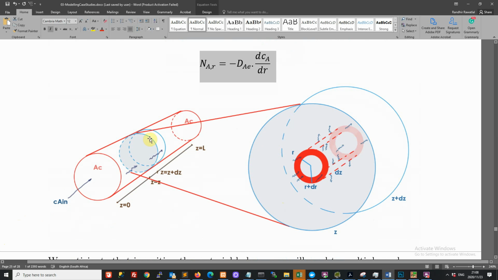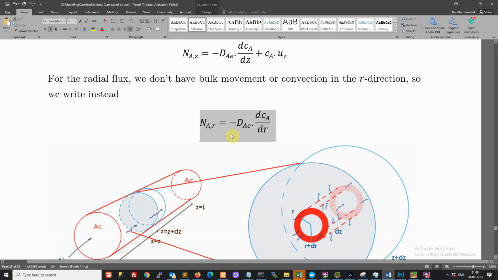Because A is diffusing across the walls here, we have a local low concentration here and a high concentration there. So A is diffusing in the radial direction. We can say simply that the flux for R has this expression. It's the same form, and the same diffusivity, because it's the same molecules.